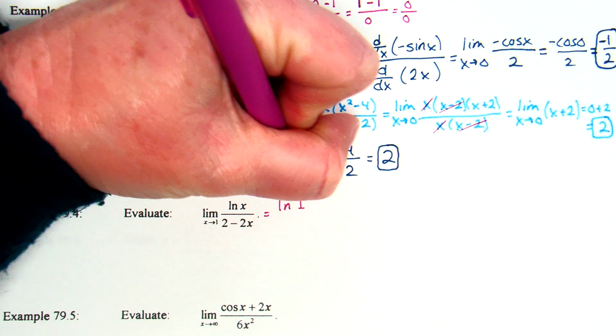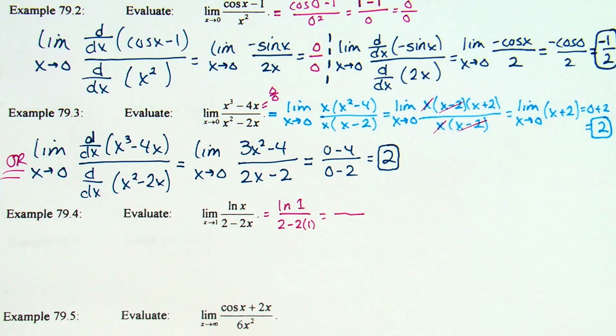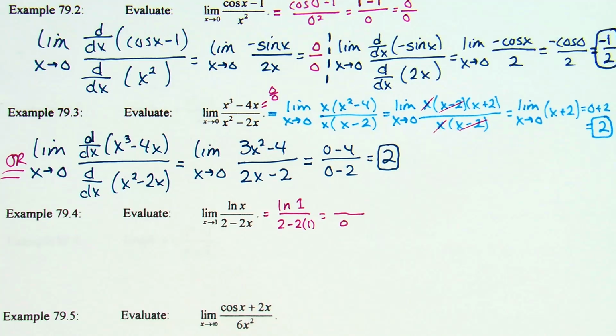We put in 1, the natural log of 1 over 2 minus 2 times 1. Well, in the denominator, 2 minus 2 times 1 is going to be 0. What is the natural log of 1? It's 0. That was a guess, wasn't it?